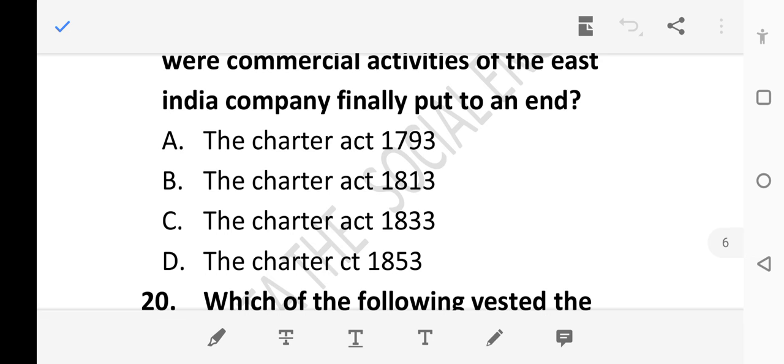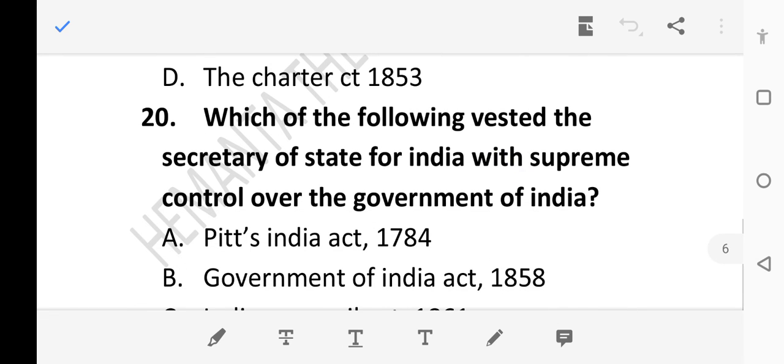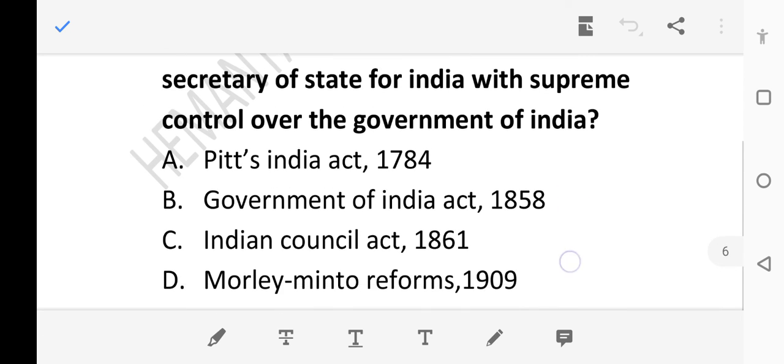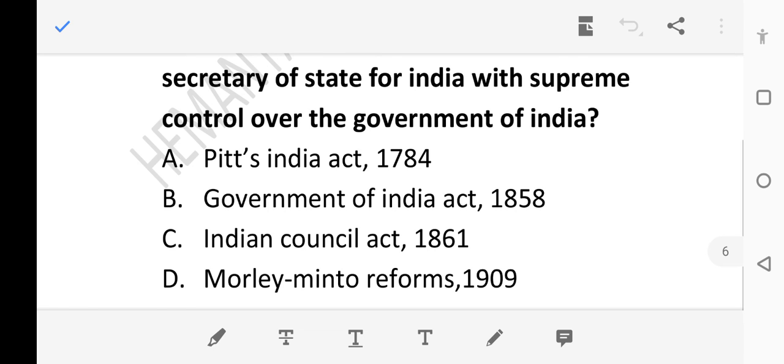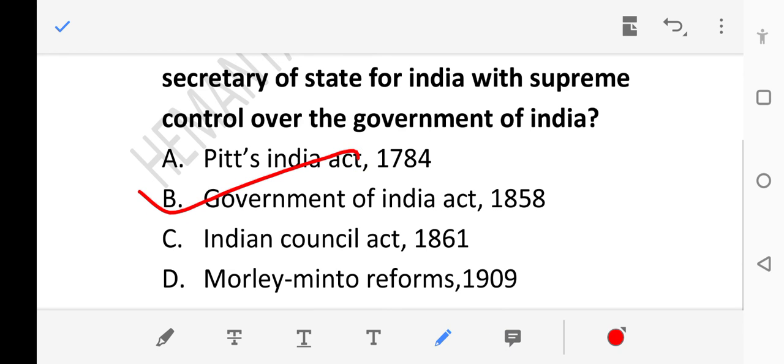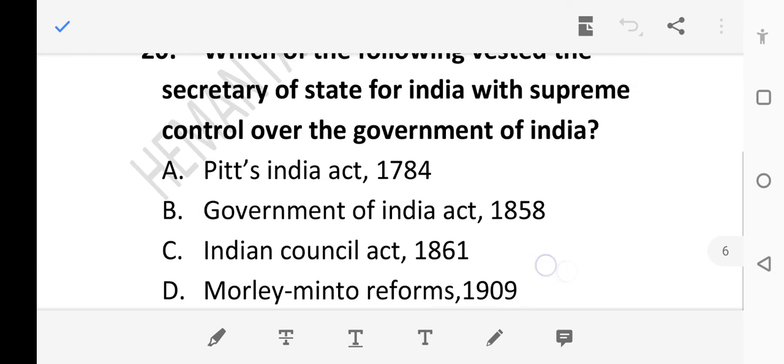And next, that is question number 20. Which of the following vested the Secretary of State with control over the Government of India? That is option number B, Government of India Act 1858.